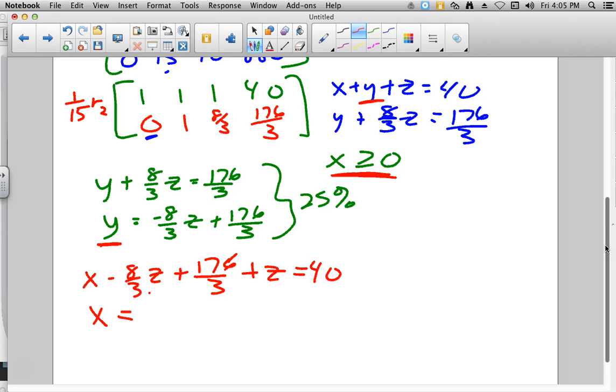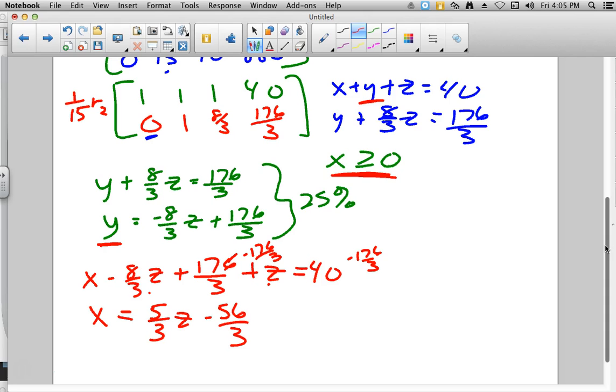So we'll have negative 8/3 z plus 1z, so that's negative 5/3 z. If I add that to both sides, I'll have 5/3 z on the right-hand side. And then we have that 176 thirds. Well, we go ahead and subtract that from both sides. And that would give us a negative 56 thirds.